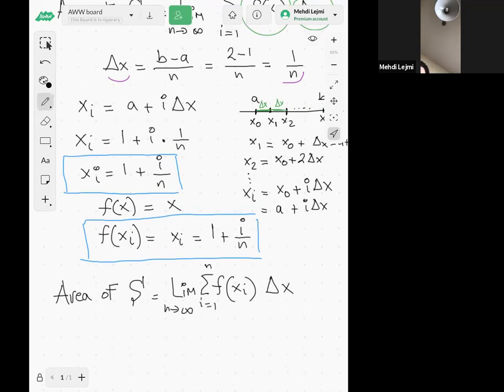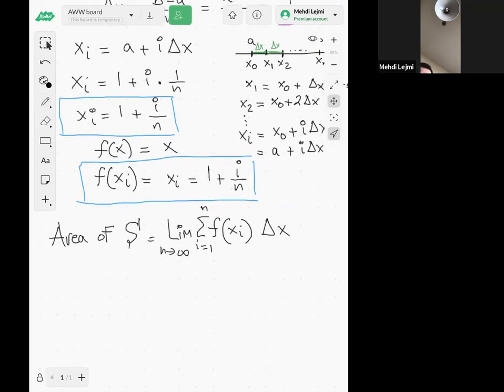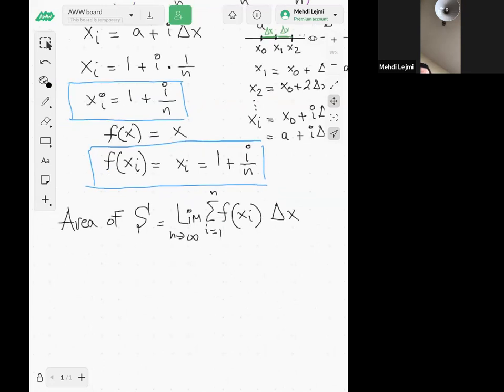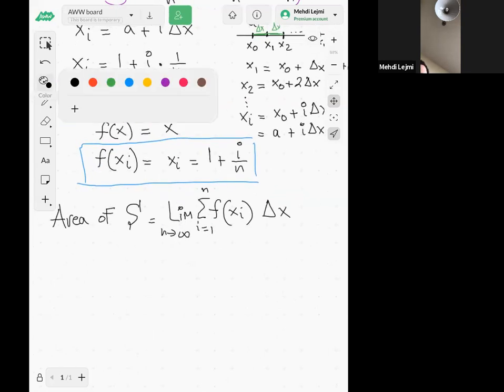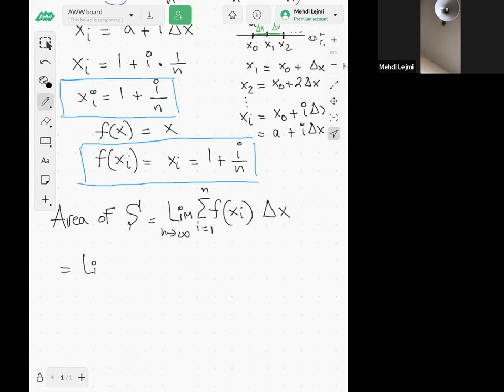So I know f of xi. It's just 1 plus i over n. So this would be equal to the limit as n goes to infinity of the sum, i going from 1 to n, of f of xi, which is 1 plus i over n, times delta x.